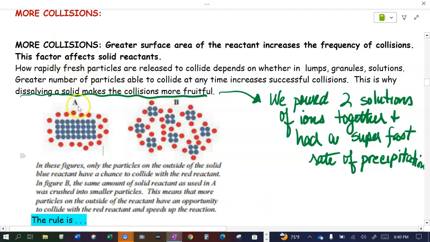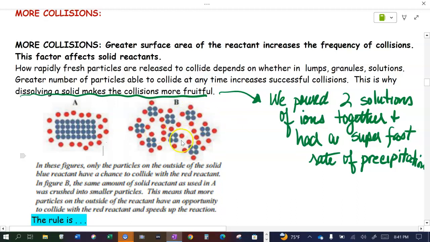We see them throughout, but only the ones on the surface are able to collide with another reactant, right? But what if we arranged it this way so there are many more red particles: 4, 8, 12, 16, 20, 24, 28, 32.